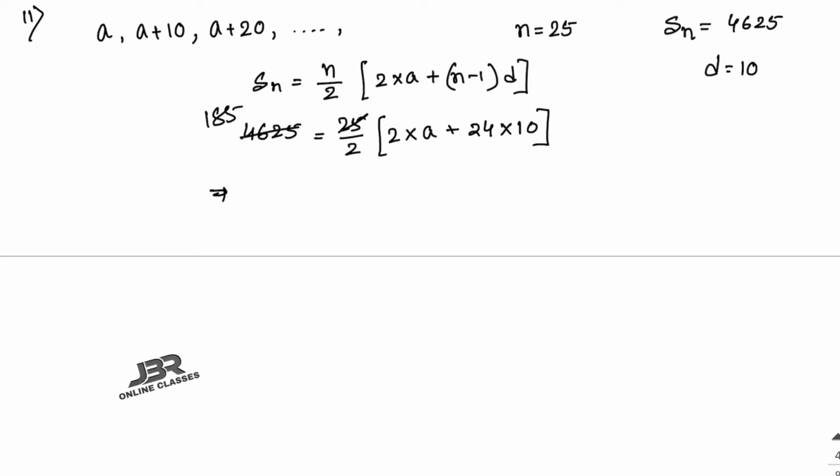Now 185 multiplied with 2 becomes 370. So 370 equals 2A plus 240. So that implies 2A equals 370 minus 240 is 130. So A equals, divided by 2, it's 65. So the first installment is 65 rupees. Okay. Now next one, sum number 12.